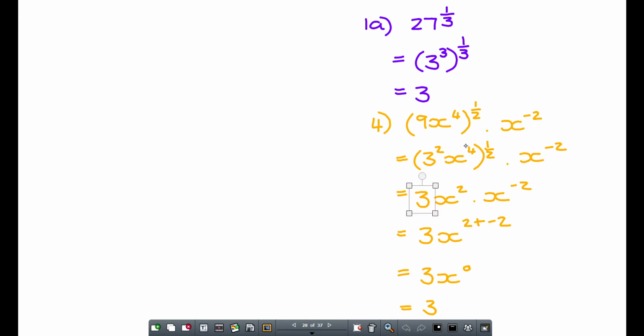Right, then over here I have x to the power 4 to the power of a half. So if I multiply those two, I'm going to get 4 over 2, which is the same as 2. Is julle nog reg so ver? Right? En dan sê ek, as jy nou kyk na hierdie, both of them has got a base of x and we are multiplying, so dan mag ek my eksponente gaan by mekaar tel.